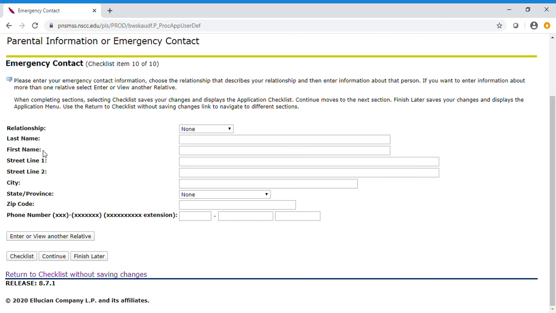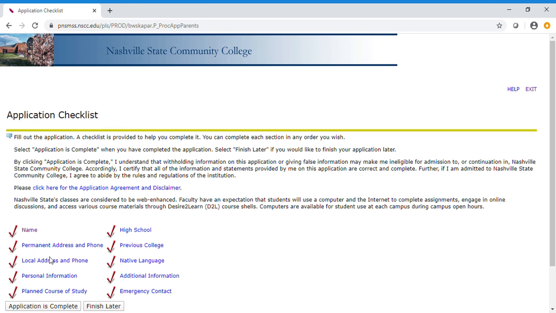This person that you put on this emergency contact will be the person the school calls. So just make sure it's somebody you trust, somebody who's out there to look after you, somebody who they can get a hold of. Okay, so we're going to go ahead and press continue through that.